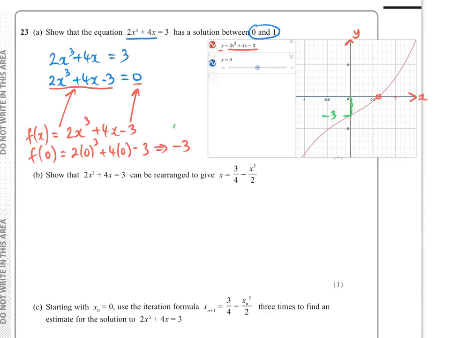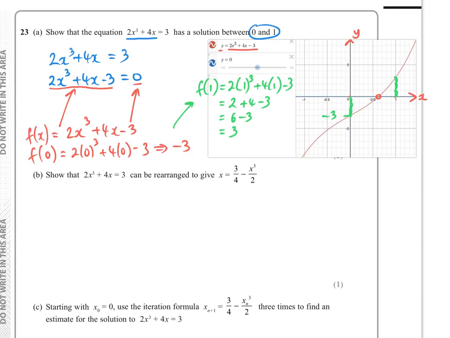And then if I just write this up here, if we do f of 1, that would be 2 times 1 cubed plus 4 times 1 minus 3, which would give us 2 plus 4 minus 3, which is 6 minus 3, which is 3. And you can see here 1, 2, 3. So this is 3 too much, and this is 3 less.